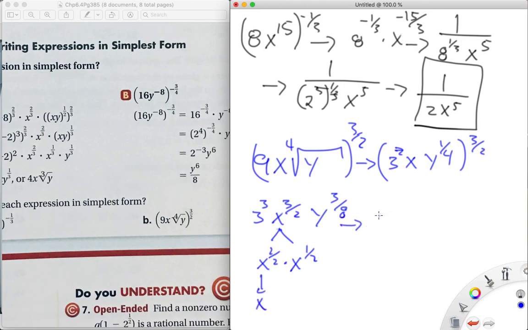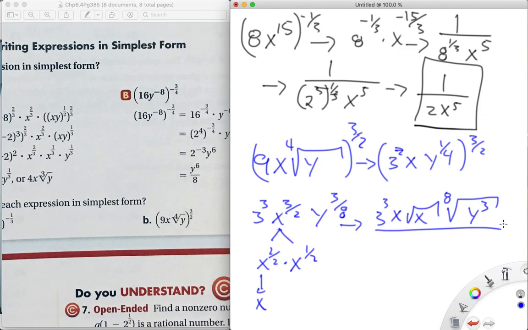So I can say that this is 3 to the 3rd x times x to the 1/2, or square root of x, times the 8th root of y to the 3rd power. I would actually accept that. But the book kind of wants you to take it one step further.